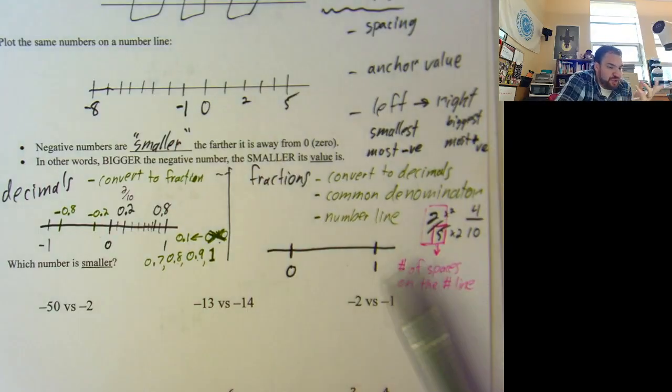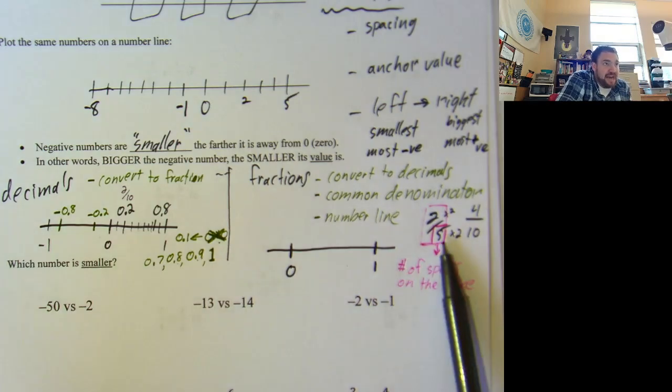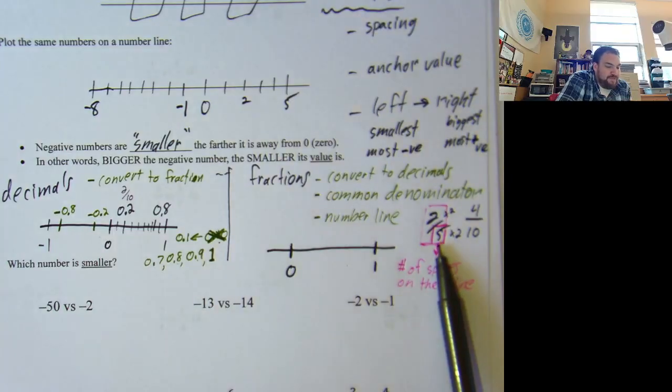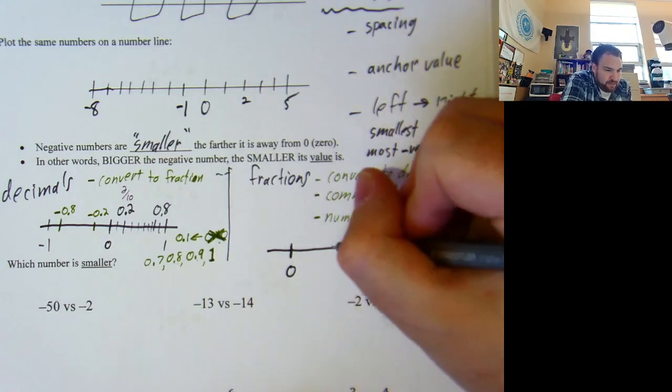That's what that means. Without converting to tenths, we're going to space out 0 to 1 into 5 equal chunks as best we can. So if I'm going to use 5 equal chunks, what's that going to look like?